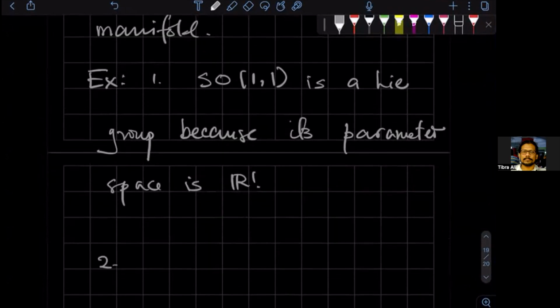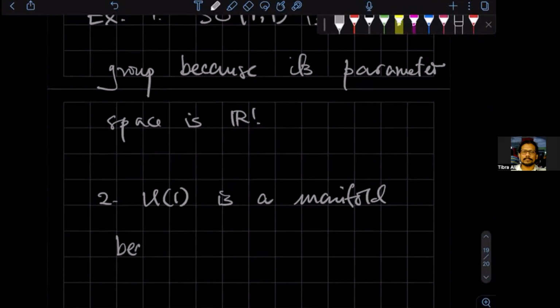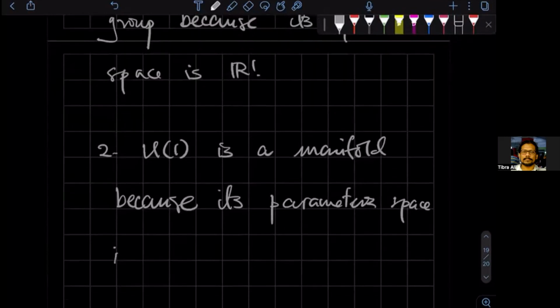Okay, number two, U1 is a manifold because its parameter space is a circle. Okay.